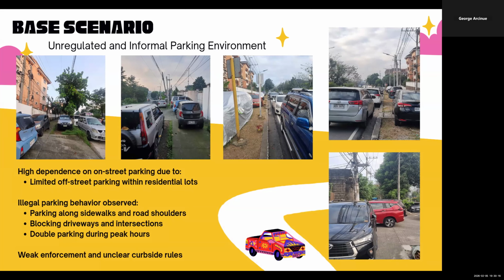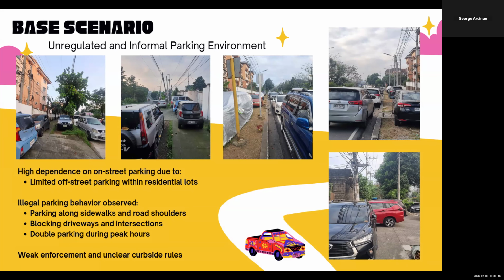For our alternative scenarios, the first one focuses on addressing the supply side by utilizing vacant and private lots as supplementary parking supply. As shown in this map, the yellow nodes represent the existing 210 on-site parking slots within the subdivision. The pink nodes indicate the nearby parking facilities that some residents are currently renting.